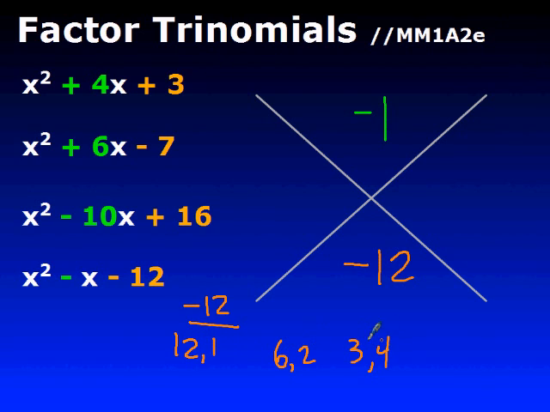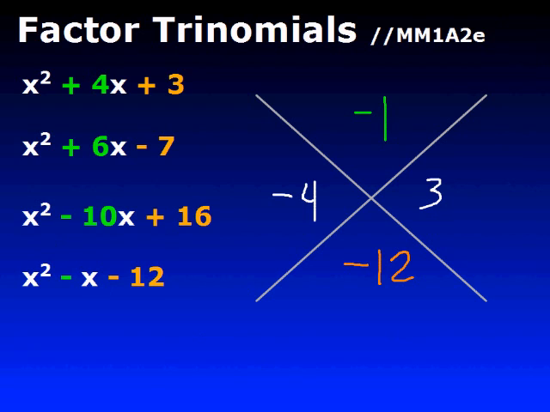I need them to have a difference of just 1. That's not this guy. It's also not this guy. Here's my pair. One of the numbers needs to be negative, one is positive, the sum is negative, so we'll put the negative sign on the larger. The answer here, or the factors, are going to be x minus 4 times x plus 3.